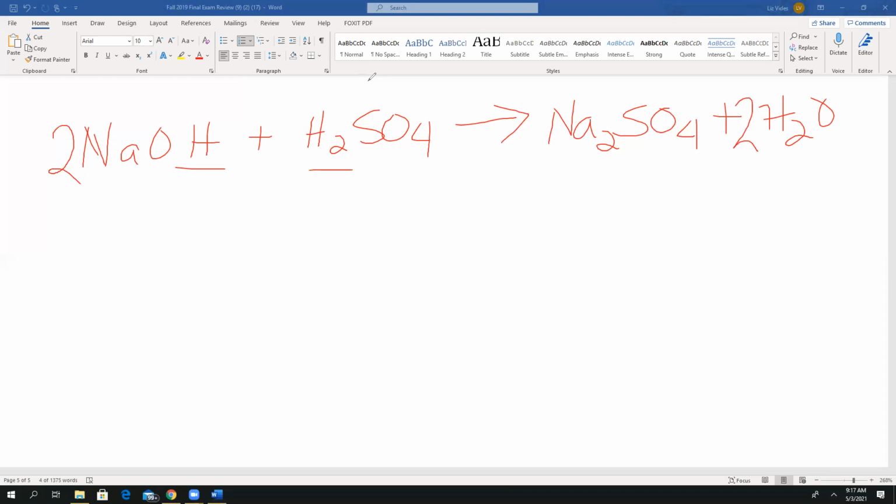Next question. It says, how many grams of sodium hydroxide are going to react with 50 grams of sulfuric acid? That's where we start. So we need to do 50 grams of H2SO4.